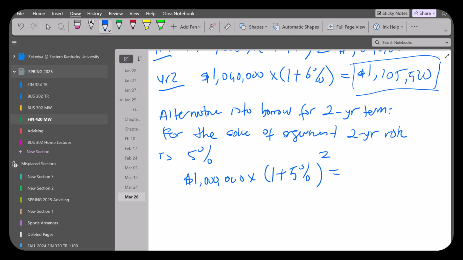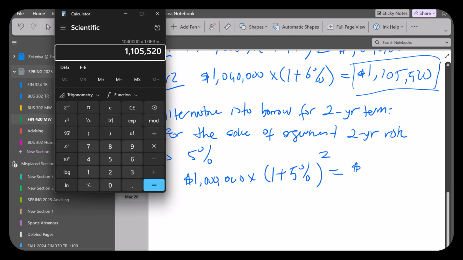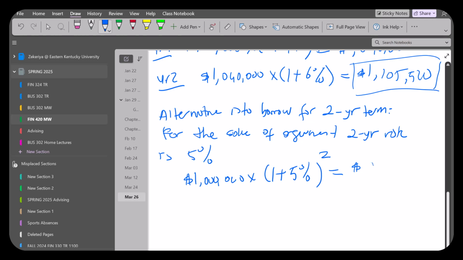And if we actually did this calculation, the difference is small, but the 2 year rate is a little bit lower, right?